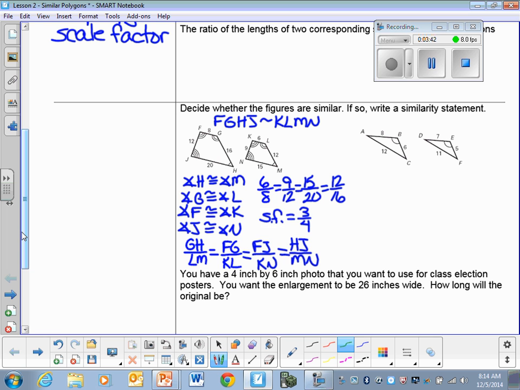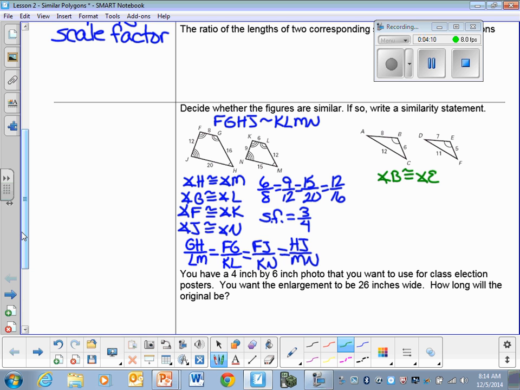Alrighty, now I've got triangles, and I'm given that angle B is congruent to angle E, but I'm not told any of the other angles, and all corresponding angles have to be congruent, or I can't use the definition of similarity.